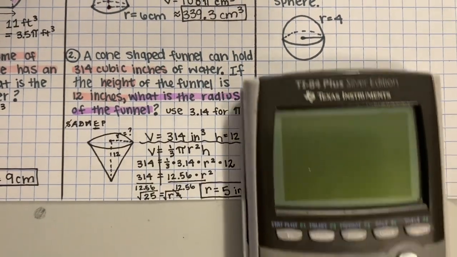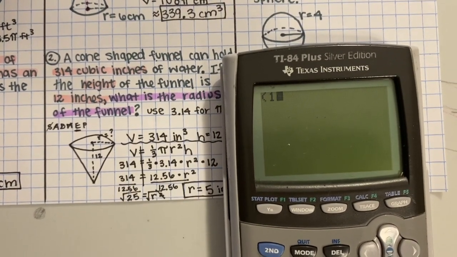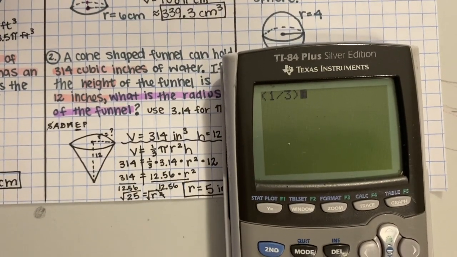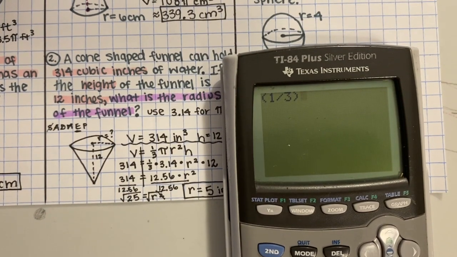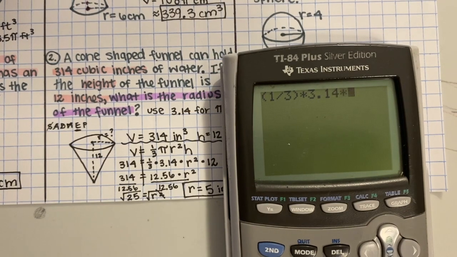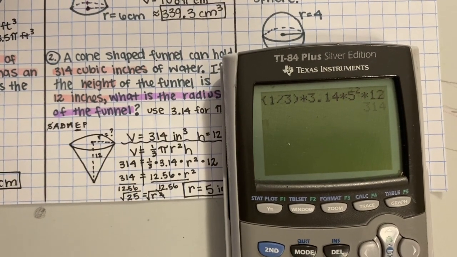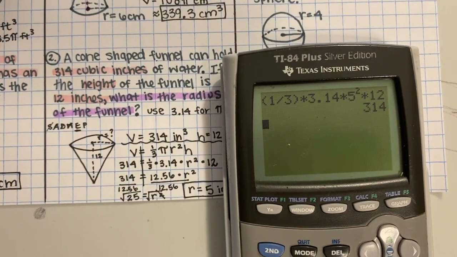So if I know the radius is 5, then I should be able to plug in to my volume formula. So 1/3 pi, we're using 3.14, times our radius, which is 5 squared, times our height, which is 12, and I should get our volume, which is 314.